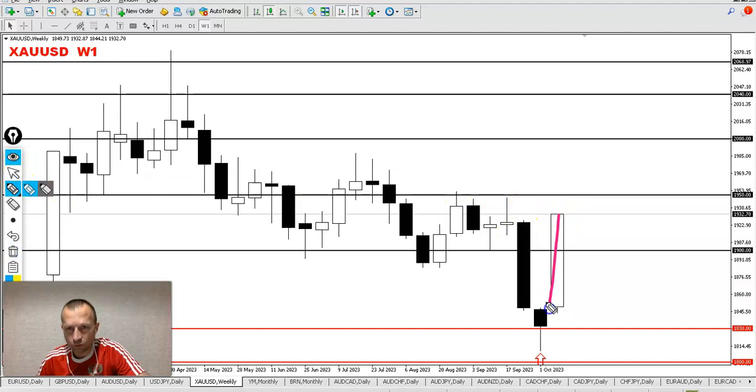It's also an engulfing candle. You see we engulfed this one as well, and so the next target 1950, then 2000, I believe 2040 and 2070 in the coming weeks. Let's switch to the daily time frame.